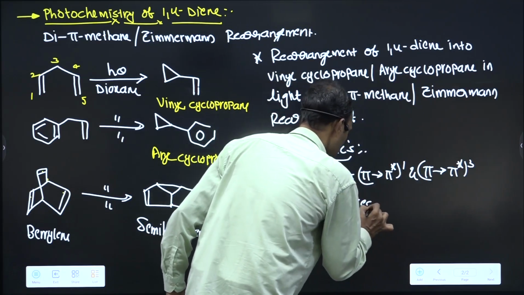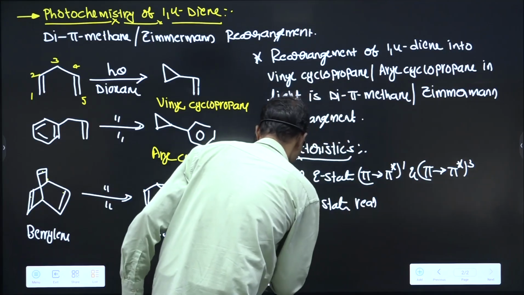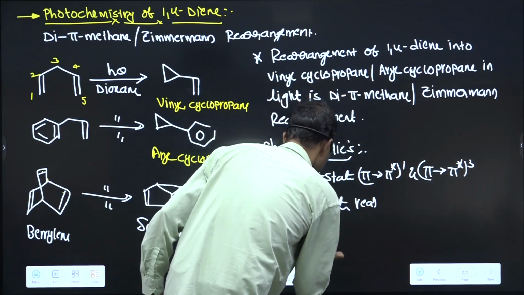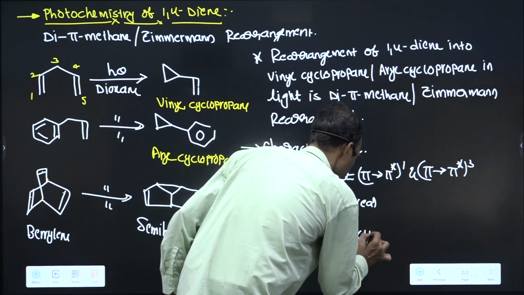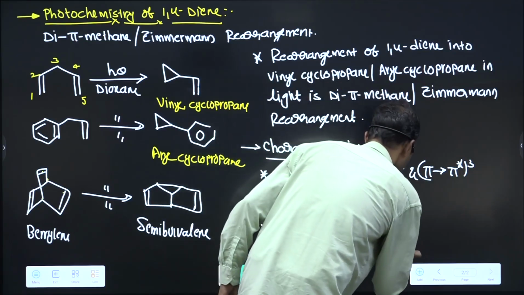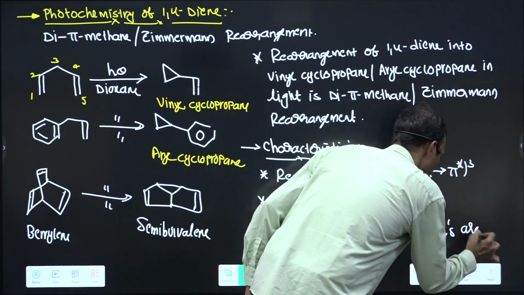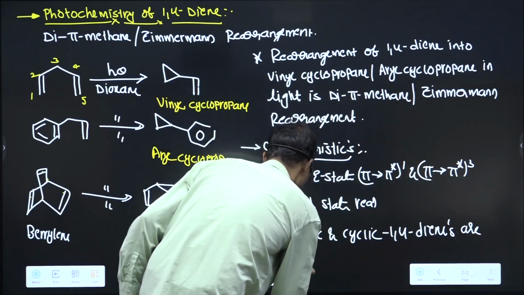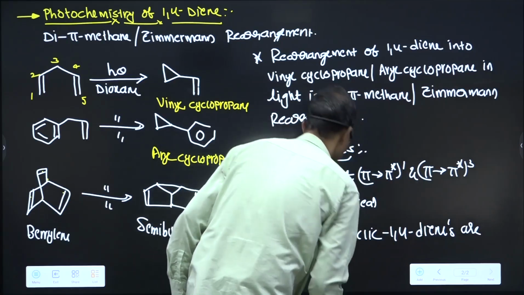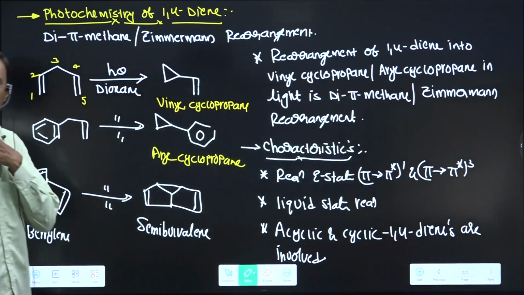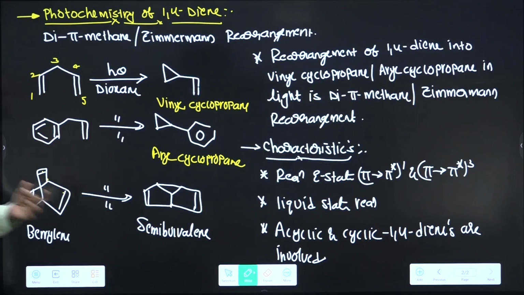It is not a gaseous state reaction, liquid state reaction. Both acyclic and cyclic molecules are involved. Acyclic, cyclic 1,4 dienes are involved. Open chain diene and cyclic diene both are involved in di-pi-methane rearrangement.